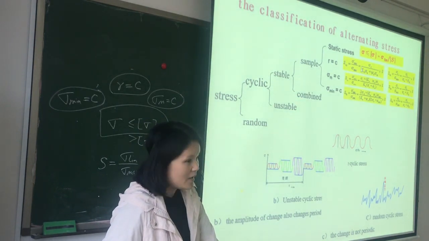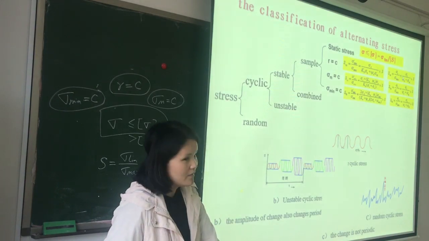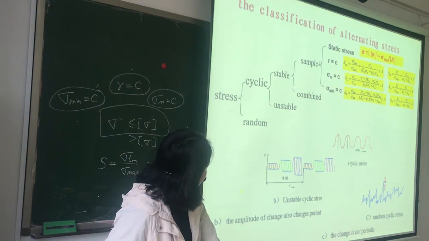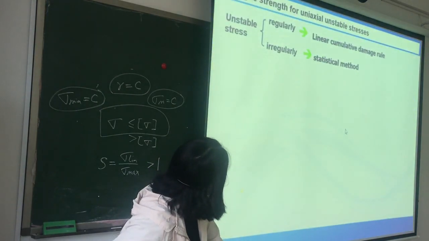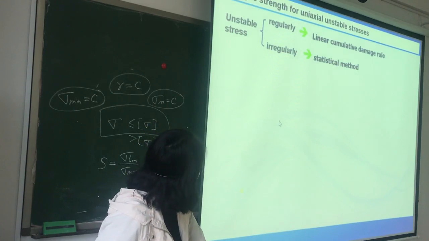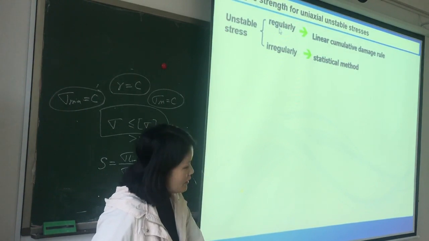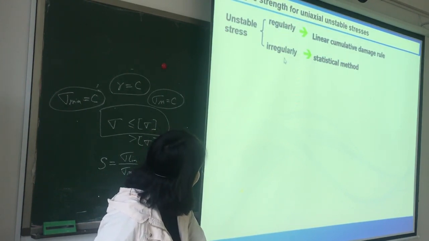This represents point M, and this represents the point N. And also we have unstable stress. The unstable stress may vary with time, regularly or irregularly.